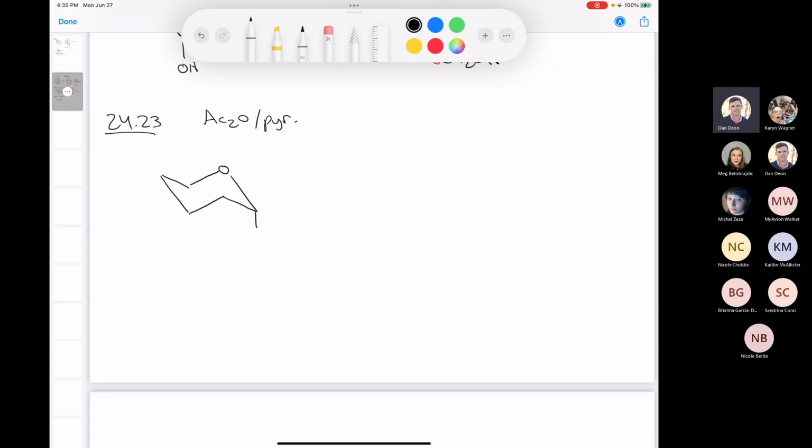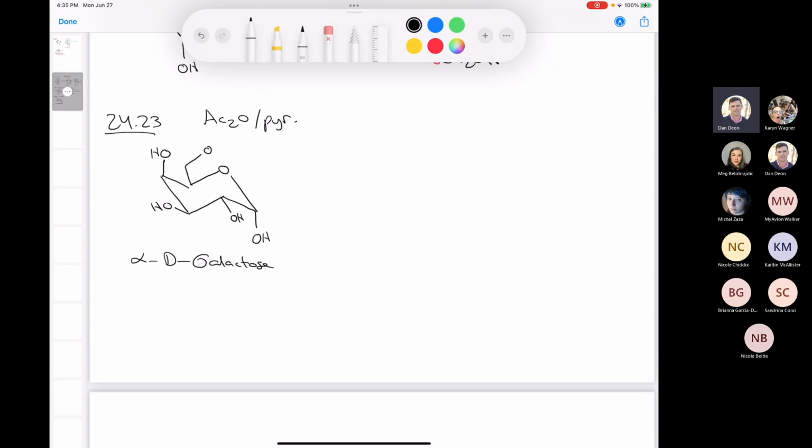So alpha means this carbon's going down. Remember that in glucose, everything was equatorial. So equatorial, equatorial. The only difference between glucose and galactose, so this is alpha-D-galactose, is at carbon 4. At carbon 4 in glucose, the hydroxyl is going down, but in galactose, it's going up like that.